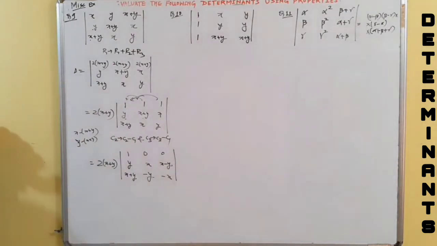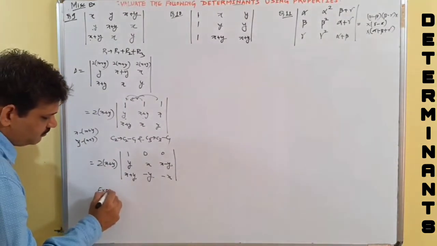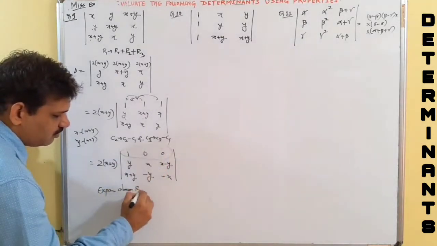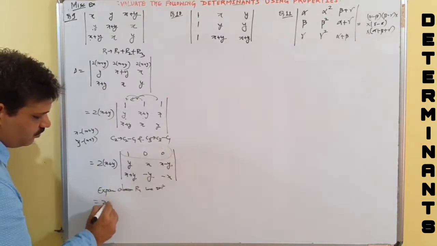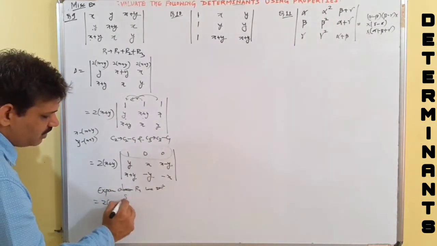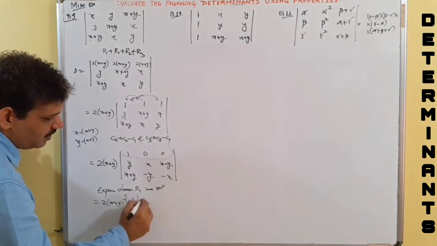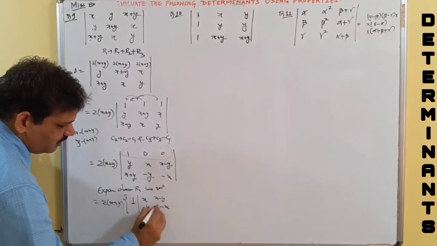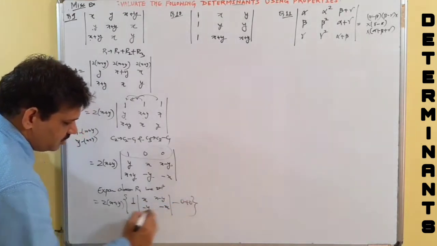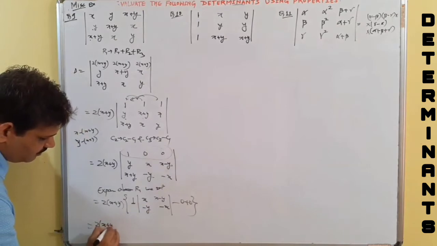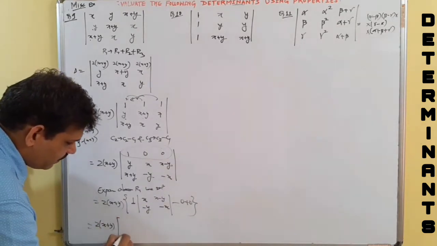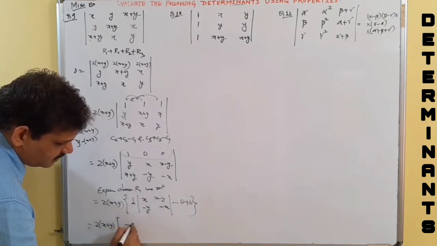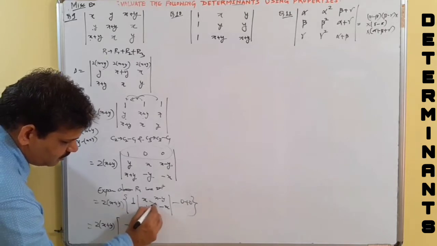So now, on expanding along R1, we get 2 times of x plus y. On expanding, we get 1 multiplied by x minus x, x minus y, minus y, minus 0 plus 0. So this is 2 times of x plus y. Let's check what it gives. 1 x into minus x is minus x square, by default this into AC minus BD.